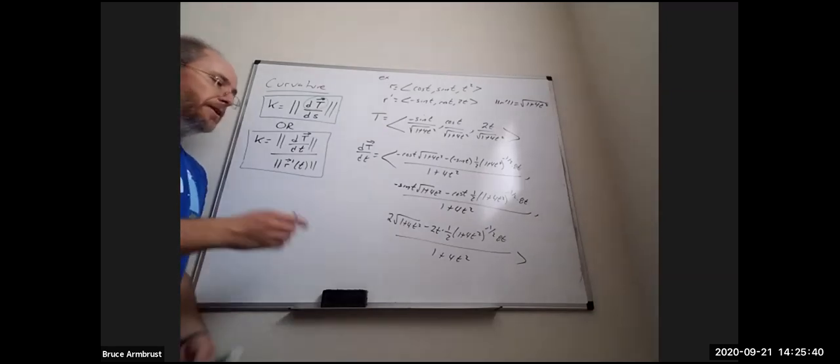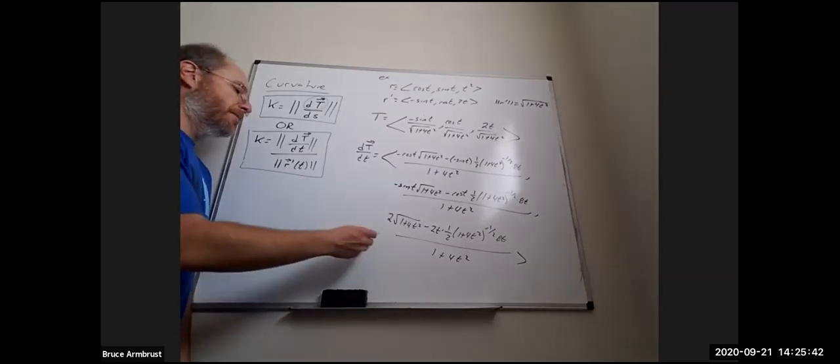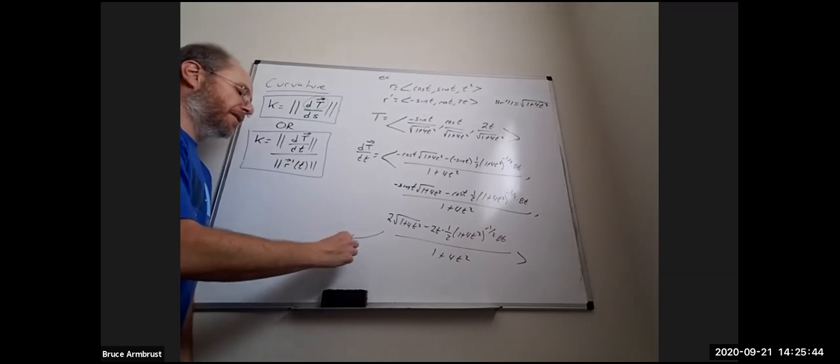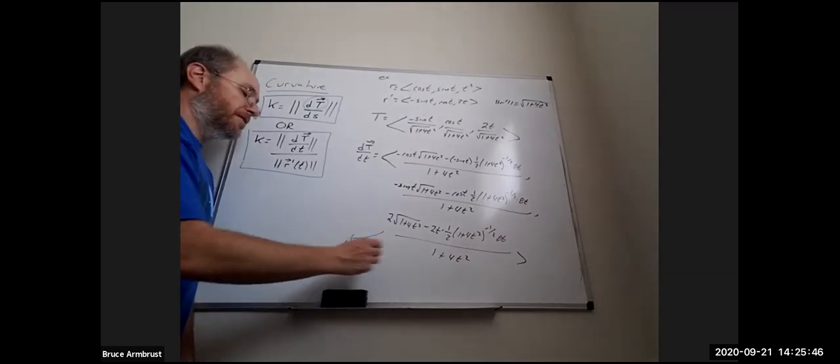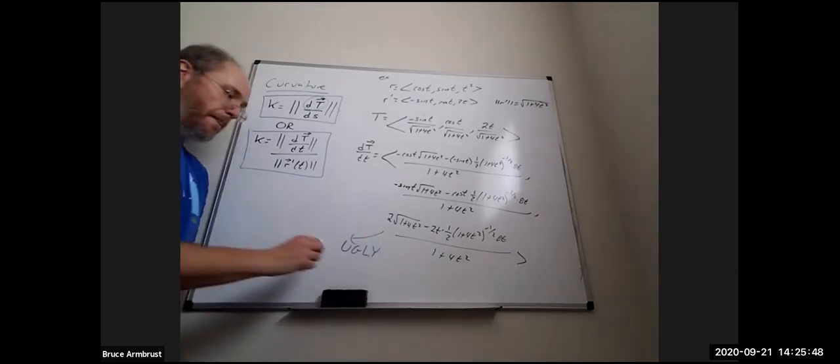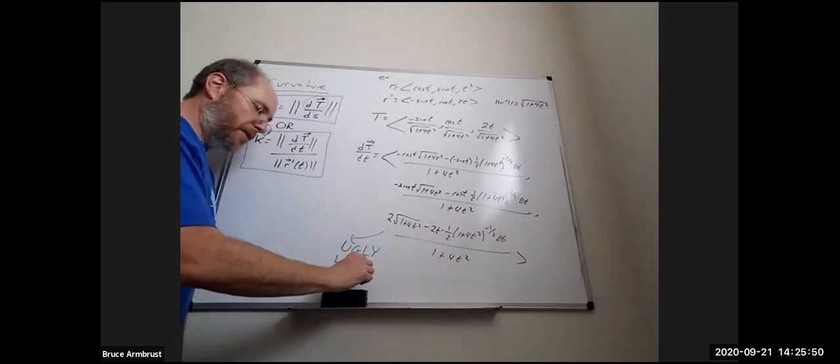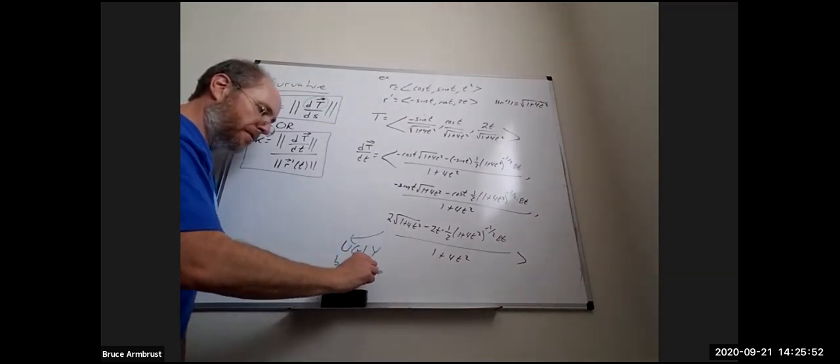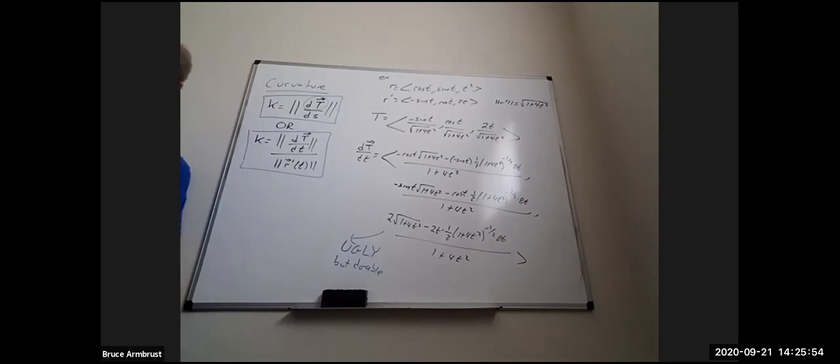So yes, there is more to do, but at this point I'm just going to say, this is ugly but doable. We can get the curvature of this thing. It's not going to be pretty, but we can do it.